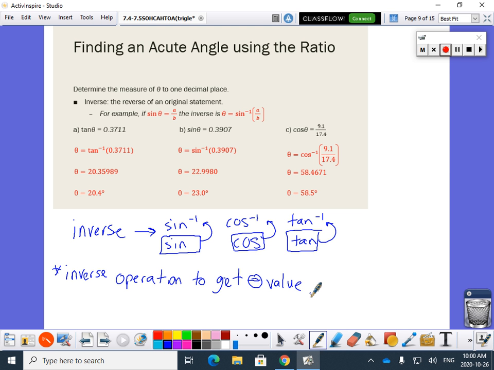So that's why over here it goes to theta on its own, because we want to get rid of sine attached to it. And then when we do that, it becomes the inverse operation. So sine to the negative 1, and then your same fraction or number that was over here. Questions about this? Are we okay with getting theta? Yes? Okay. Wonderful.